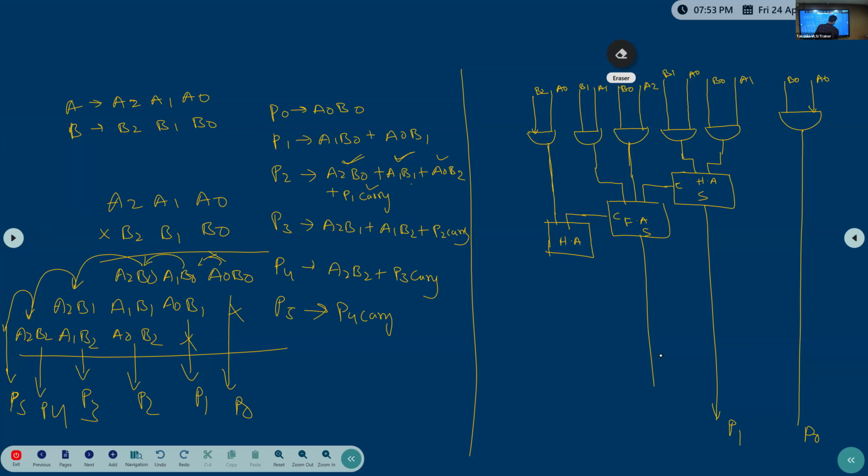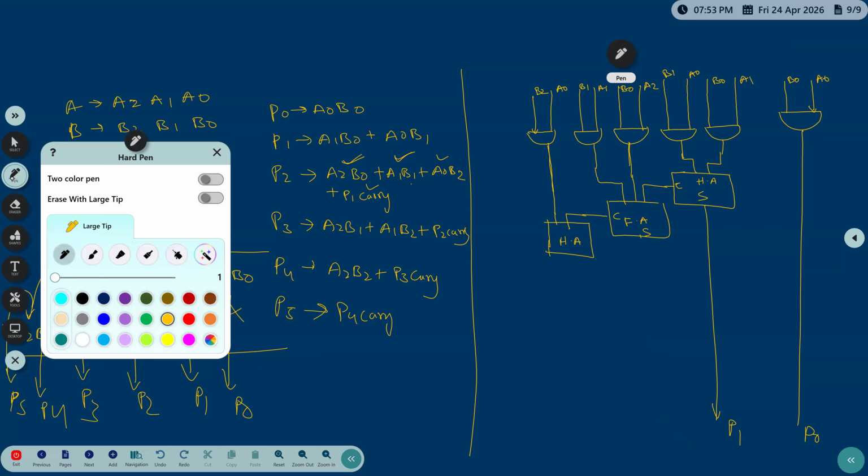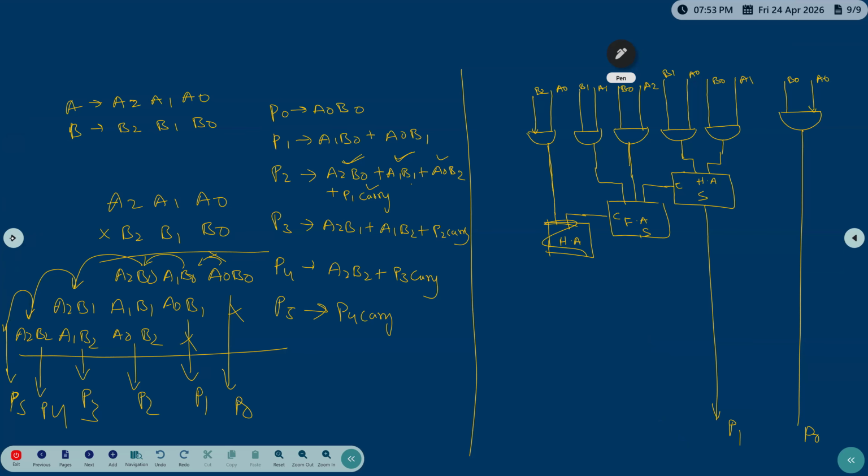This is not a P2 product, guys, because the circuit is not completed. This B2 A0 is still left out.